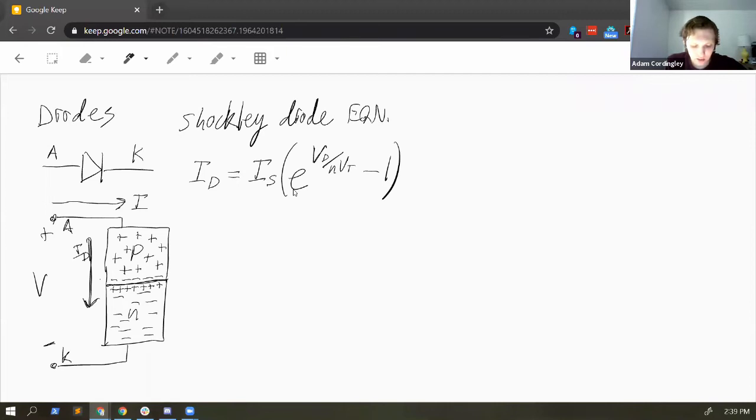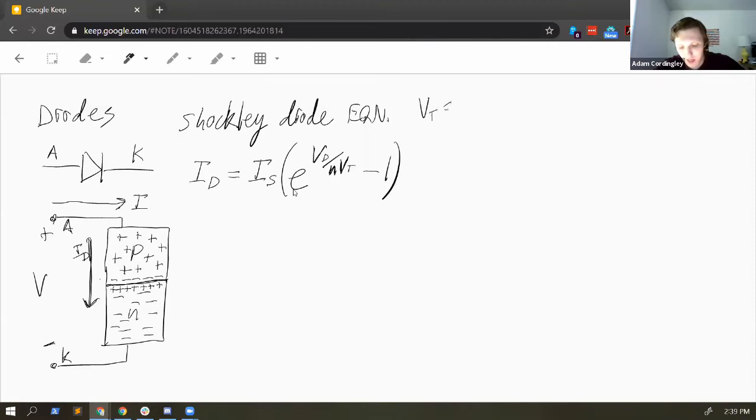The saturation current is some property of the semiconductors, and the quality factor N here is also a quality of the semiconductors. V thermal here is dependent on Boltzmann's constant.